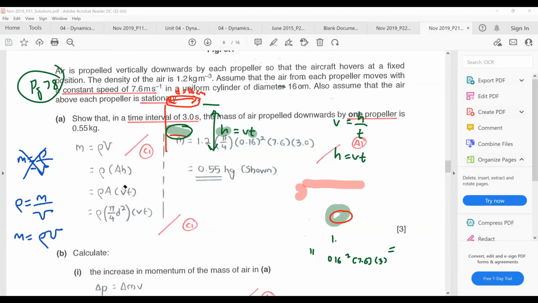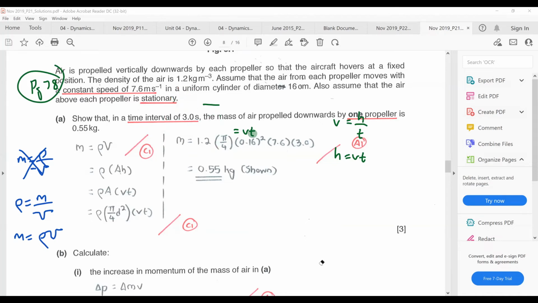Volume is area times height. So height is actually the velocity times the time itself. Okay. So you will get the answer as 0.55 kg. It's because I started off with the wrong definition of density. It slipped my mind. Density is mass over volume, so mass is the density multiplied with the volume. Volume is area times height, and height is Vt.